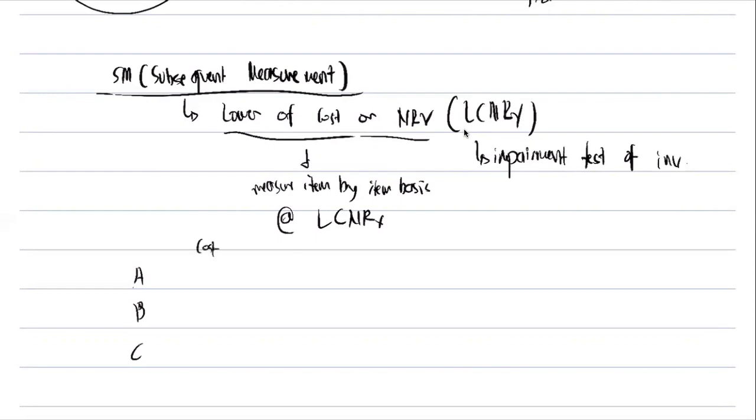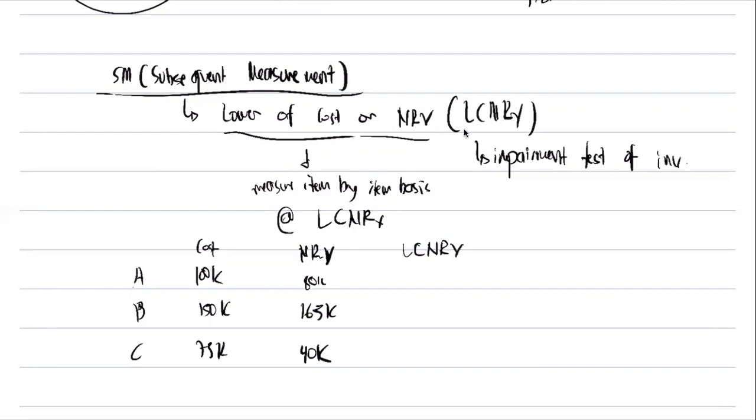We have here cost, we have here NRV. So let's say the cost of A is 100,000, B is 150, C is 75,000. The NRV of A is only 80,000, B is 165,000, and C is 40,000. So we get the lower between cost and net realizable value.